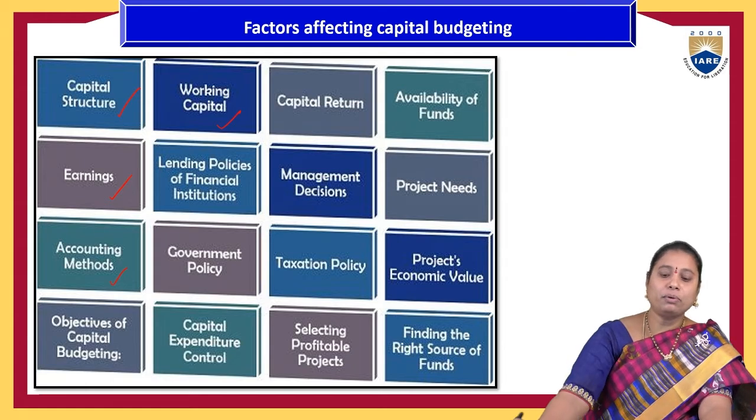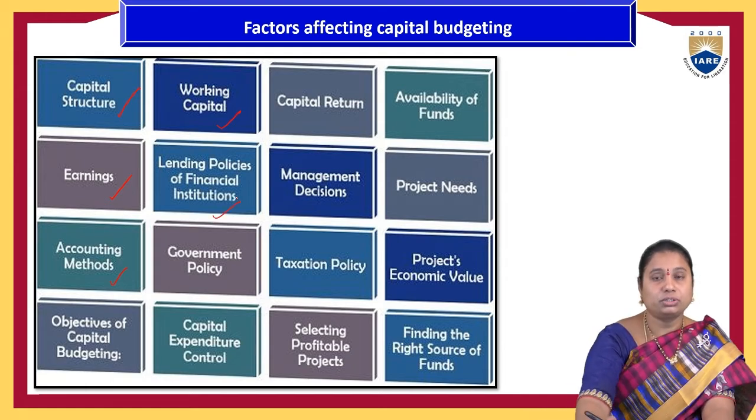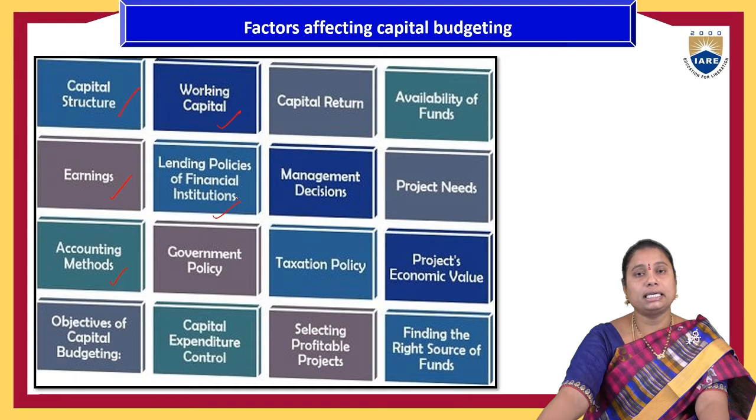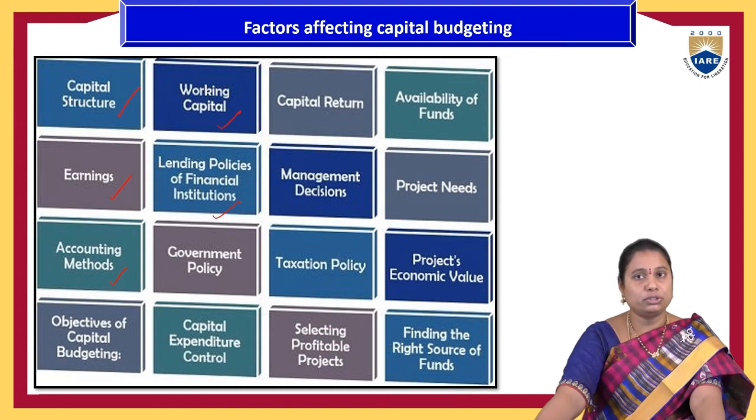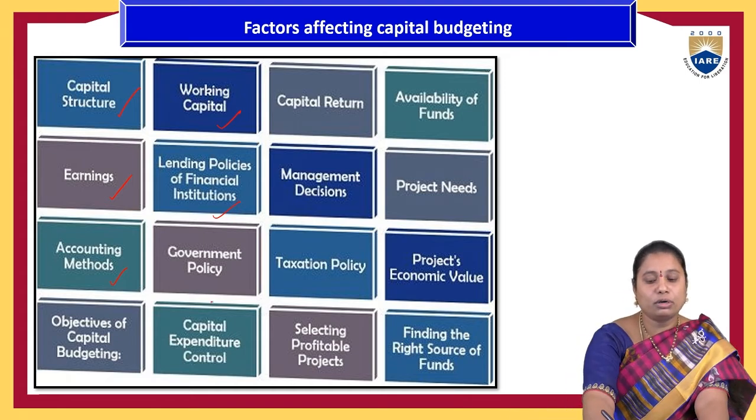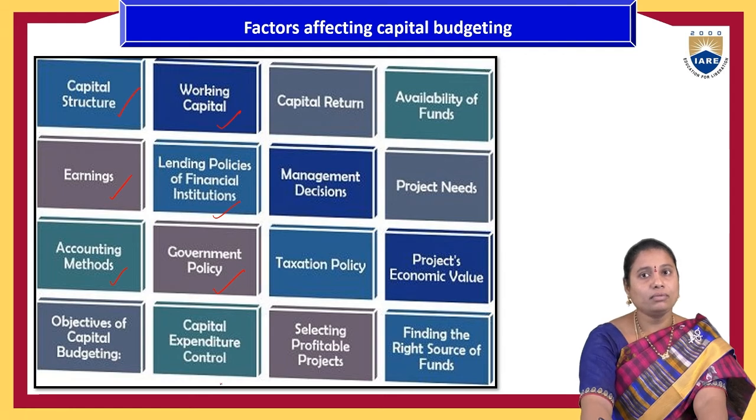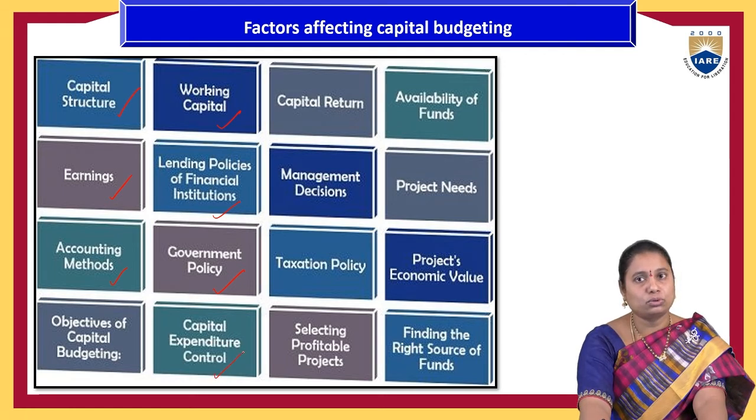And the lending policies of financial institutions, on which basis they take loans from these institutions, and the government policies. Capital expenditure control, that is, if they spend, can they control it or not.